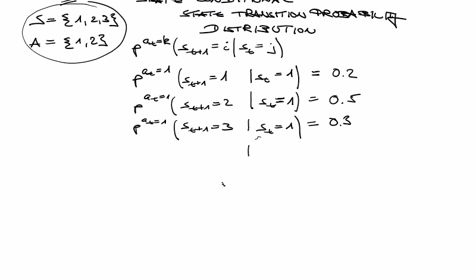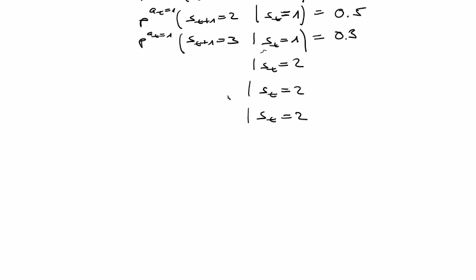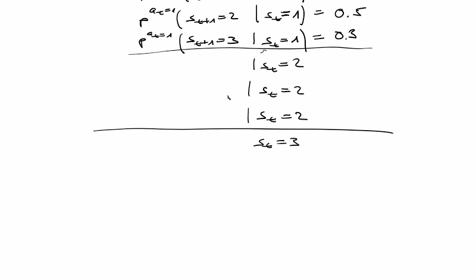Namely, we need to specify the same thing again for s t being 2, and for s t being 3, again for a equals 1. I'm not writing everything up as you see, so you have to imagine the p and the s t plus 1 being 1, 2, 3.